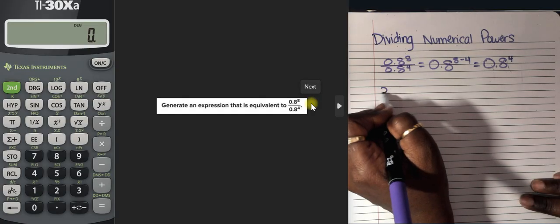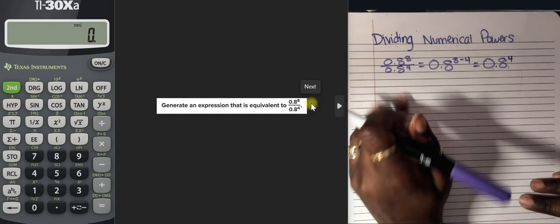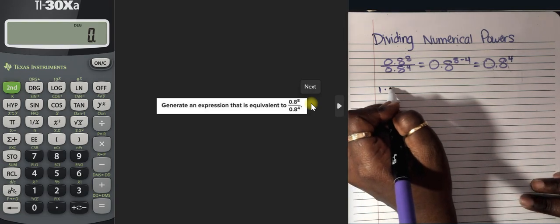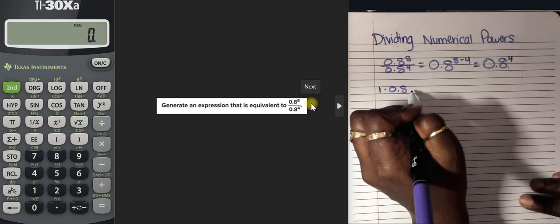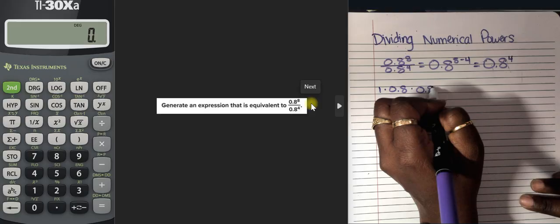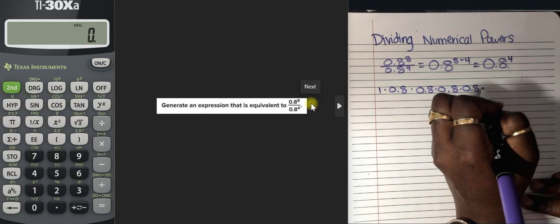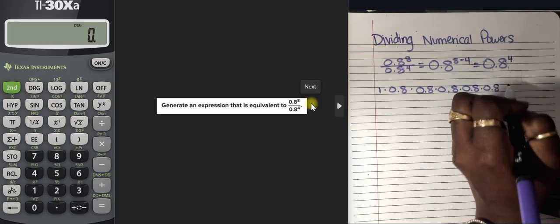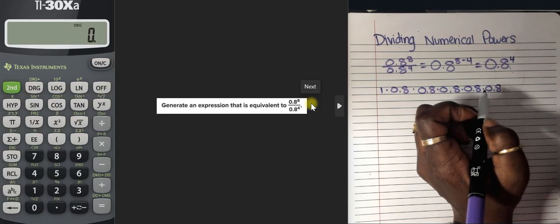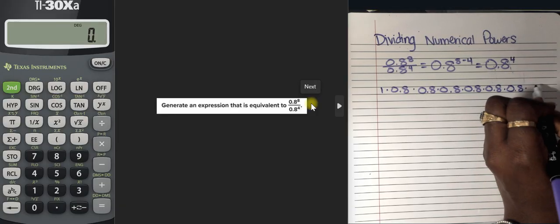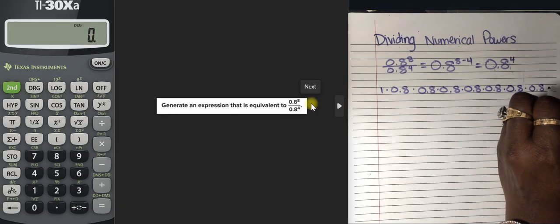We're basically saying that we're taking 0.8. First off, we know that we're multiplying by 1. So we have 0.8 times 0.8, that's 2, 3, 4, 5, 6, 7, 8.